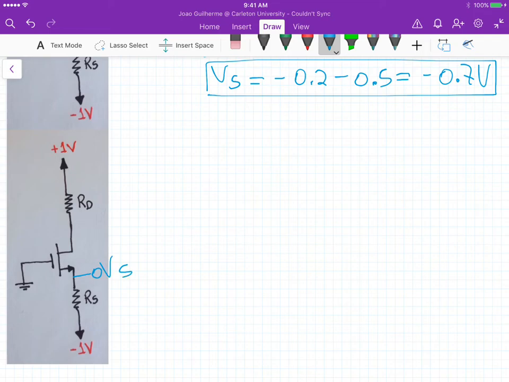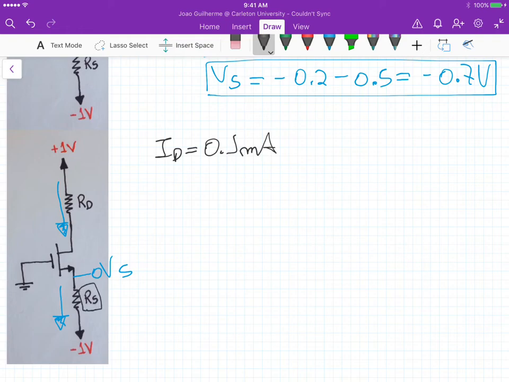Now that we know this potential, VS, and the current that flows in the drain is the same current flowing in the source, ID equals 0.1 milliamps, we can calculate the value of RS that, based on this potential difference, gives us the same value of ID flowing at the source.